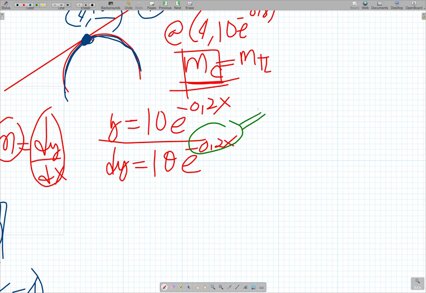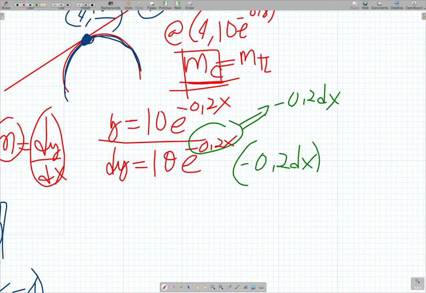Pag i-derive natin, class, that is equal to negative 0.2 dx. Then ilagay dito, multiply yan siya ng negative 0.2 dx. Okay, so simplifying the equation, your dy is how much?